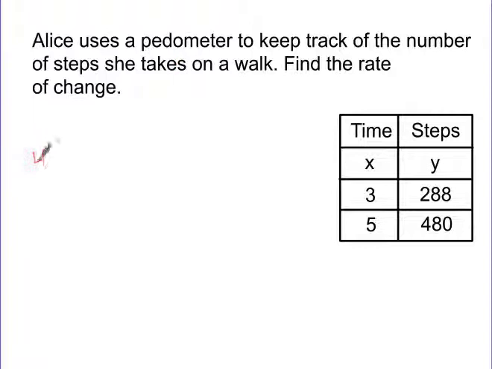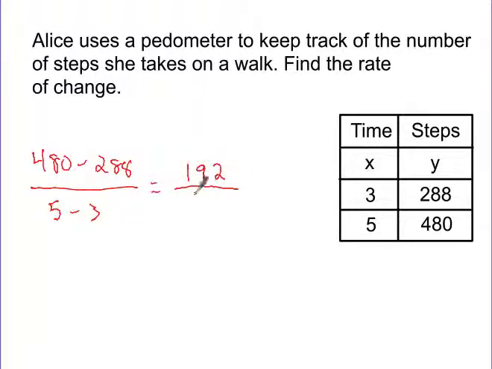So 480 minus 288 over 5 minus 3 equals 192 over 2. So that would reduce to 96.